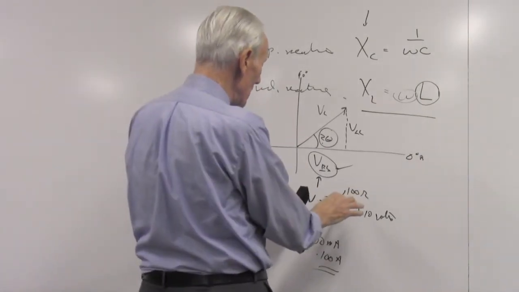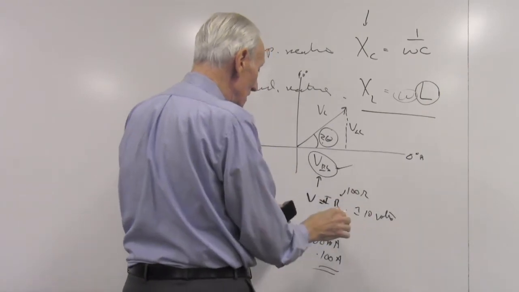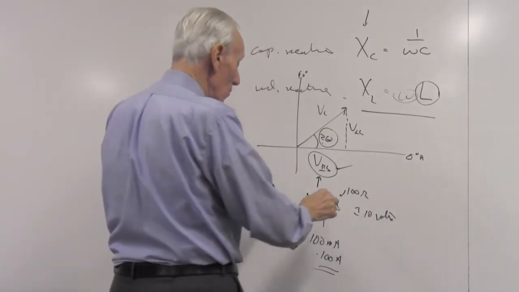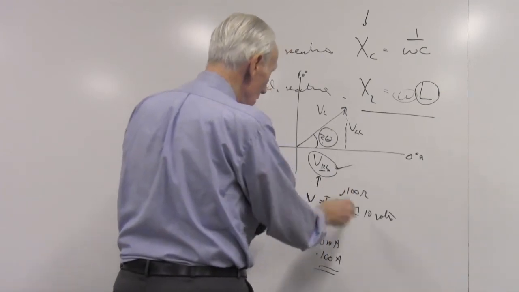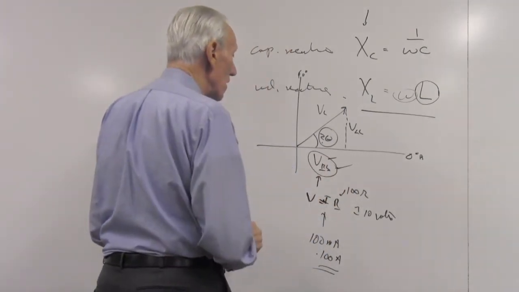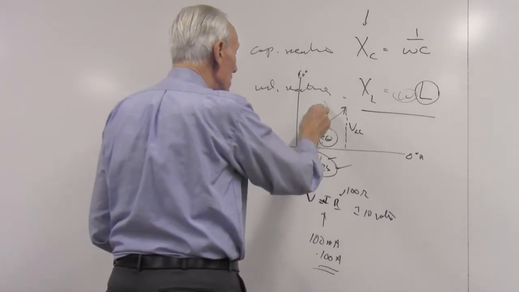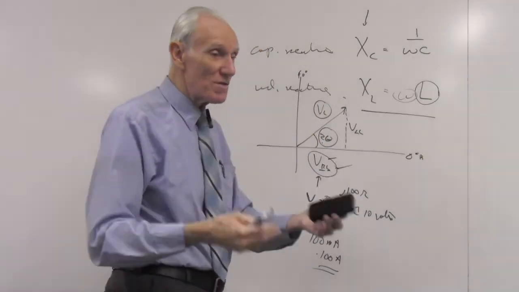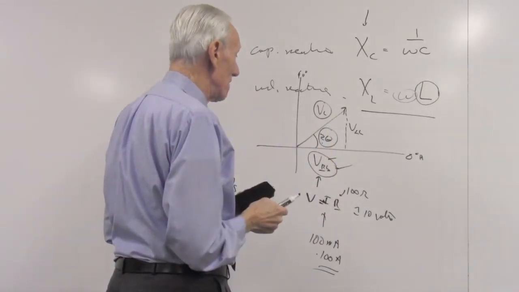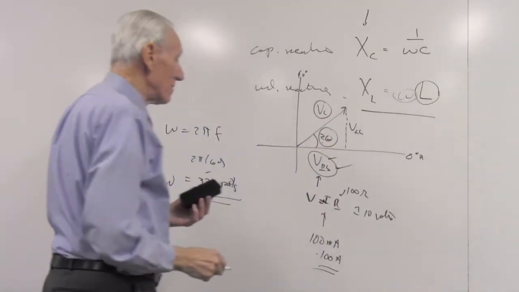Measure the resistance of the inductor. It doesn't change unless it gets a little warm, but we're not going to keep it on long enough to get warm. So we can use Ohm's law to figure out this value here, and we can use this value that we measure from directly measuring the voltage across the inductor to get this angle.